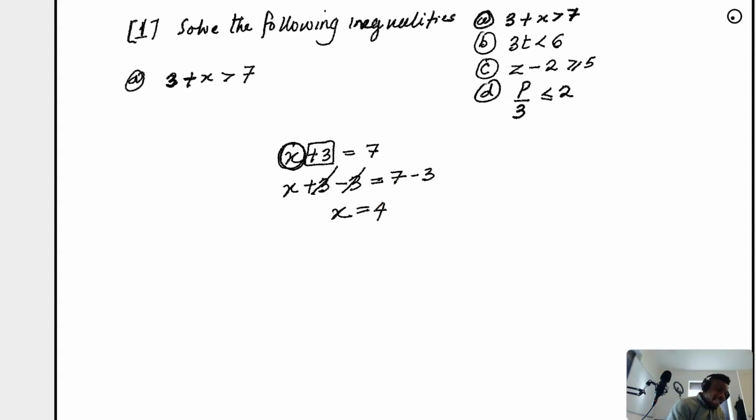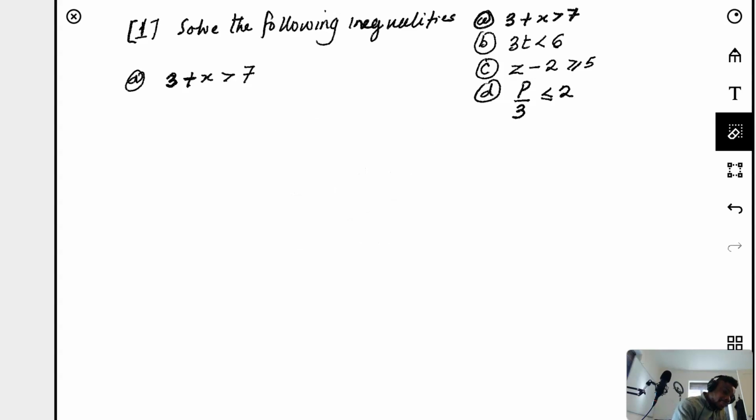The same thing is applicable when we have inequalities. So now, I want only plus x to remain here. But what is there with plus x? Plus 3. So I will add -3 to both sides, which is the opposite. So 3 plus x minus 3 is greater than 7 minus 3.